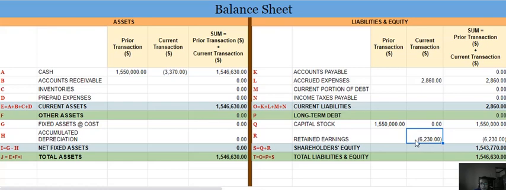So I have included minus $6,230 against retained earnings, and the total retained earnings is minus $6,230. Now here you can see this has reduced shareholders' equity. Now shareholders' equity also reduced to $1.54 million, and the total liabilities plus equity is $1.54 million, which is exactly the same as total assets.